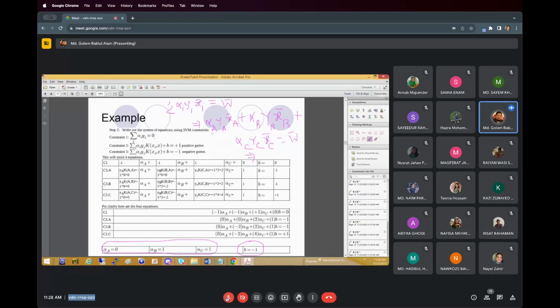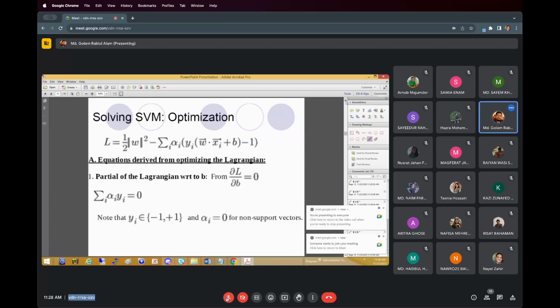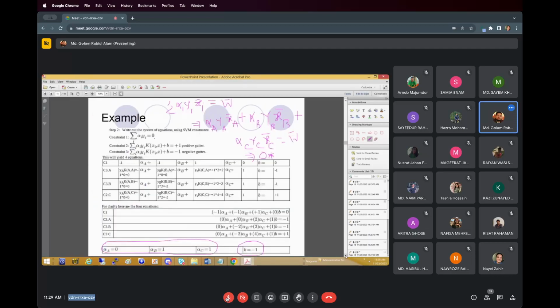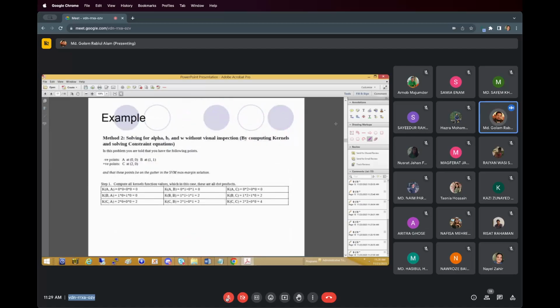Now we can see that alpha A equals 0, so here is 0 times yA, the class label of A. If we look at the class labels in our data set, the class label of A and B is negative, and the class label of C is positive.